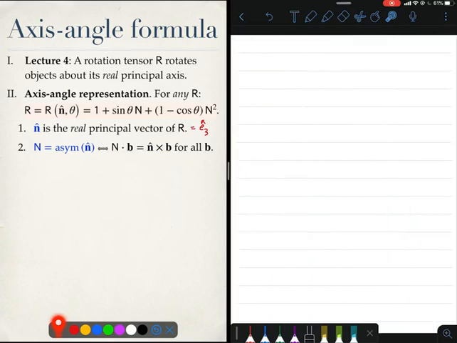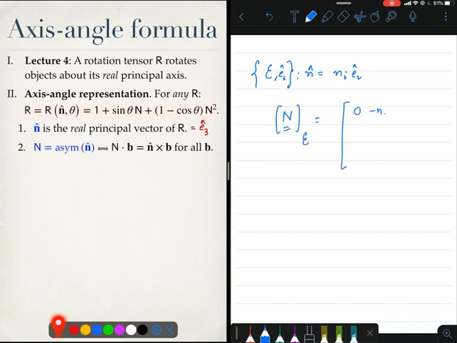So what that should remind you is that if in this coordinate system E, the vector n is n_i e_i, then the tensor N in E would be given by zeros, minus n3, n2, 0, minus n1, 0, and it is antisymmetric, so the terms on the lower diagonal are obviously this.